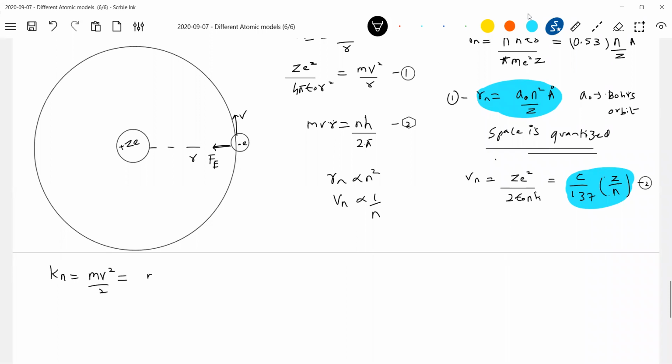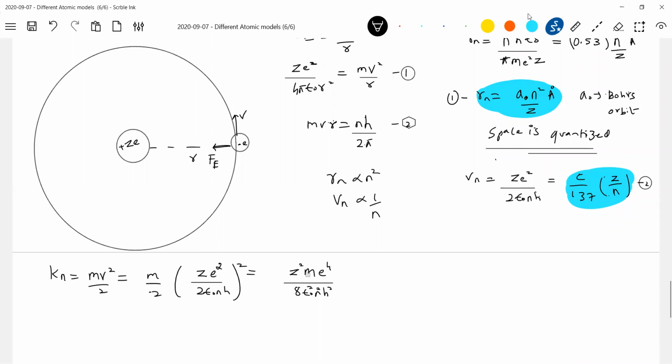Kinetic energy is mv square by 2, with v as Ze square by 2 epsilon naught nh, whole square. So this will be Z square m e to the power of 4, and with the 2 and 2 square, 8 will come, over 8 epsilon naught square n square h square.